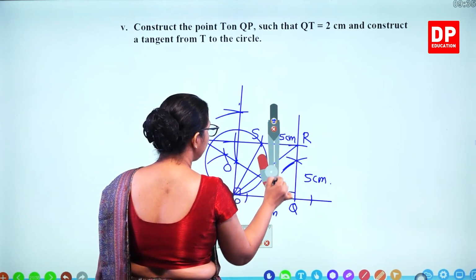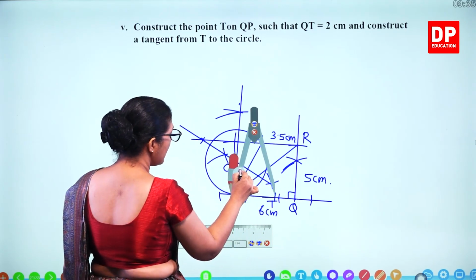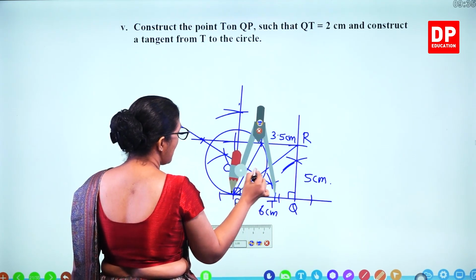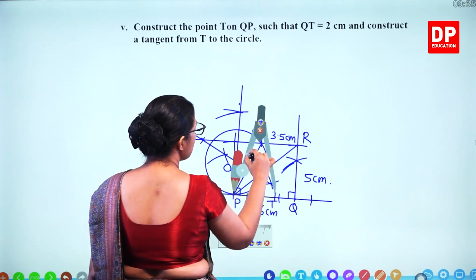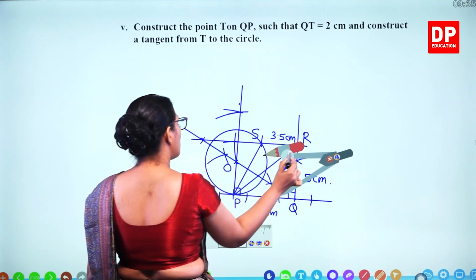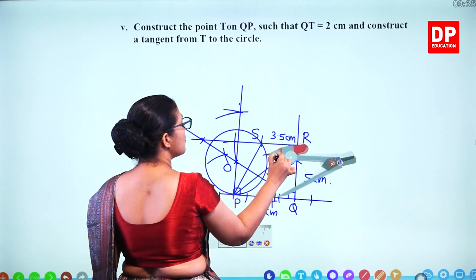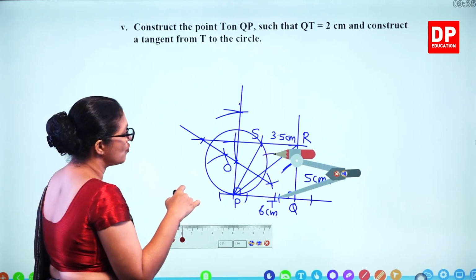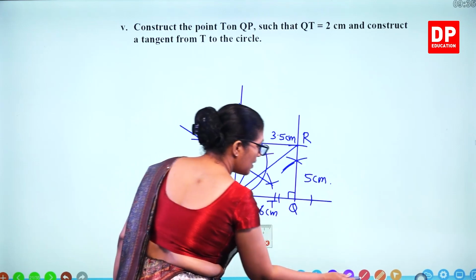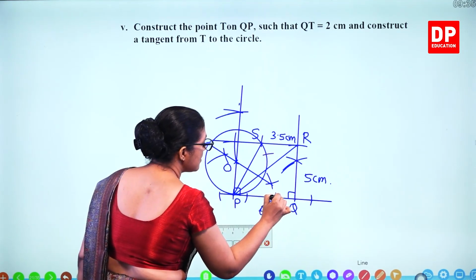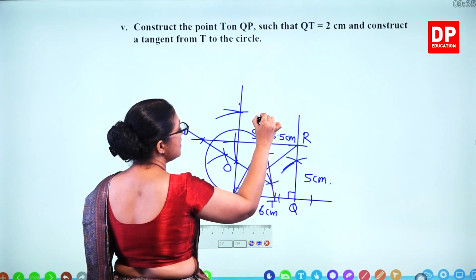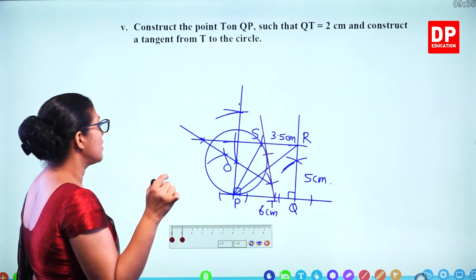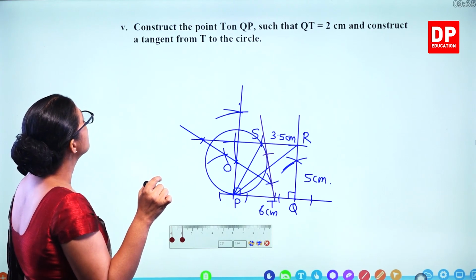So we can take this distance, that's TP distance, and it should be the same to draw the other tangent. So this is the point. Now you can connect this T point with this one and draw the other tangent line. So that's the other tangent.